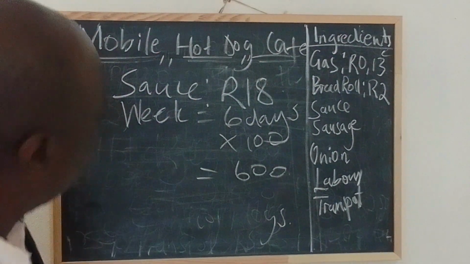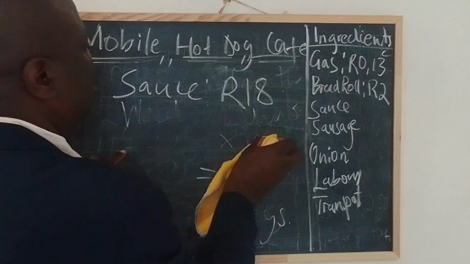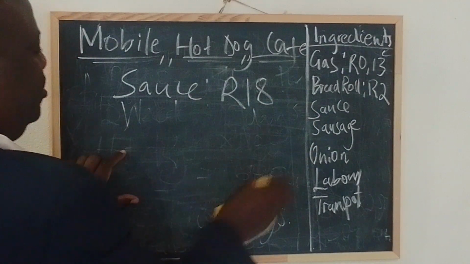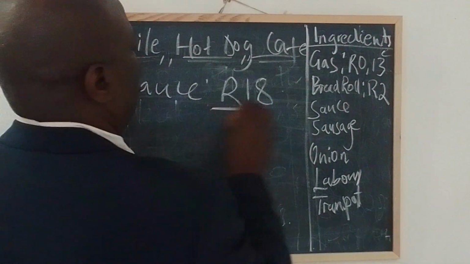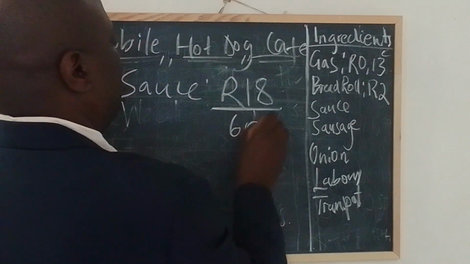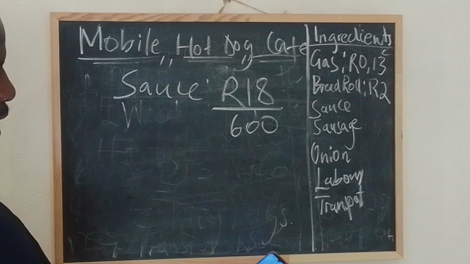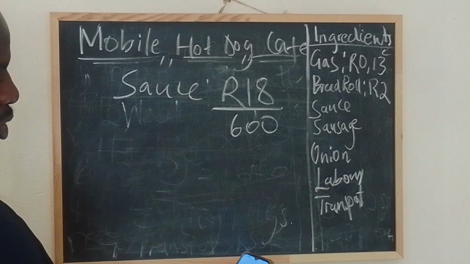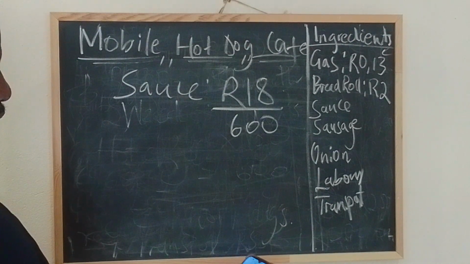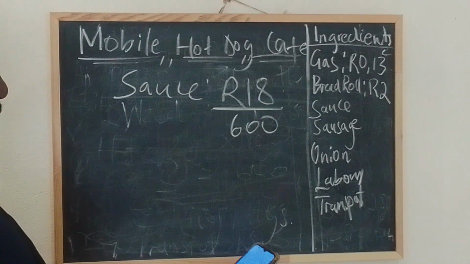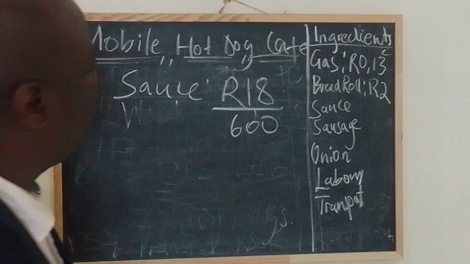So what do we do to get the cost of the sauce that we put on the hot dog? 18 divided by 600. The cost of the sauce per hot dog is 3 cents.